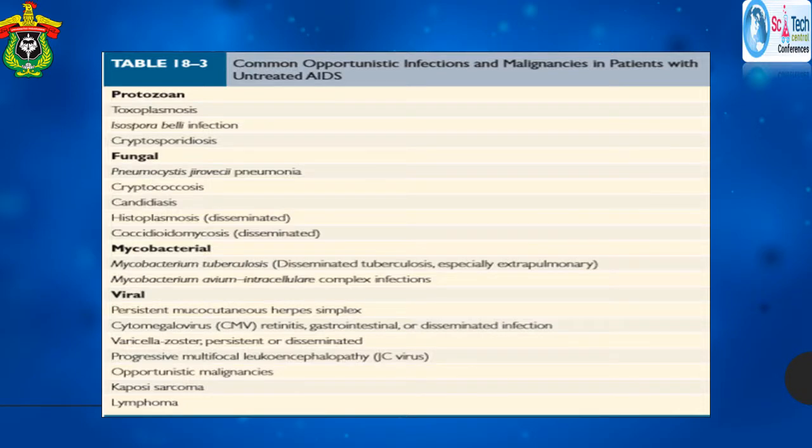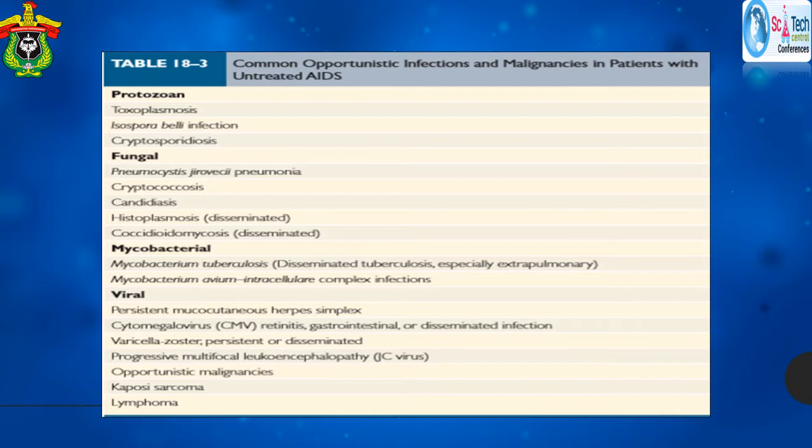This is the table of common opportunistic infection and malignancy in patients with untreated AIDS. Opportunistic infection can be caused by protozoa such as toxoplasmosis, isosporiasis, cryptosporidiosis; the fungal Pneumocystis jirovecii pneumonia, cryptococcosis, candidiasis, histoplasmosis, coccidioidomycosis.